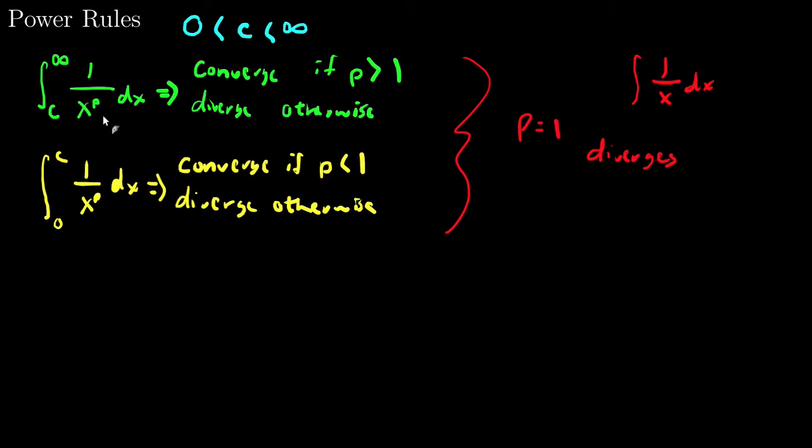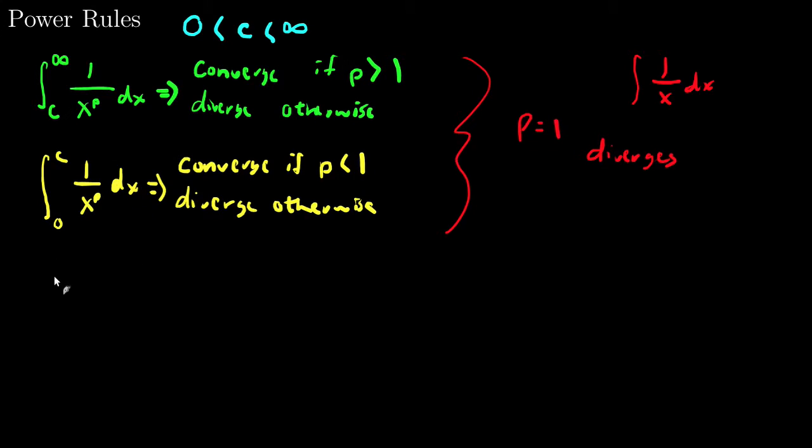So that's a high-level reason that this will be the case. I like to say, when I have a big limit, p has to be big, bigger than 1. When I have a limit going to 0, p has to be small, less than 1, for these to work.